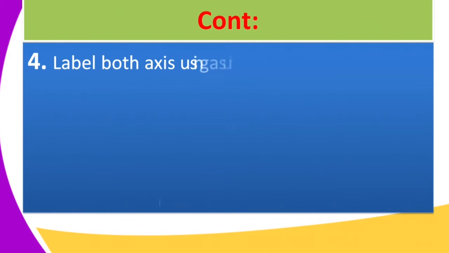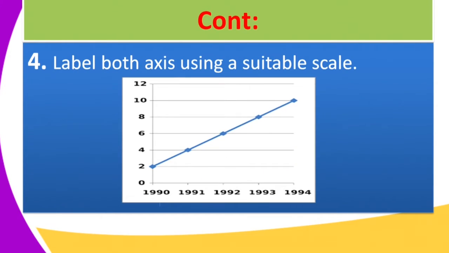Our step number 4 will be to label both axes using a suitable scale. On our x-axis, we will label the years according to our data that we have seen in our first slide.